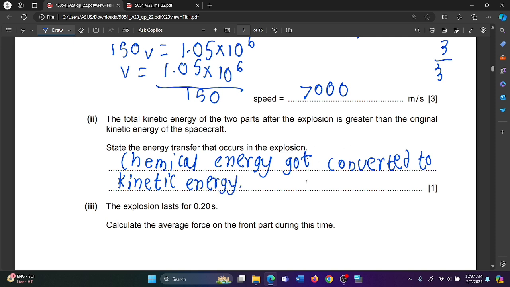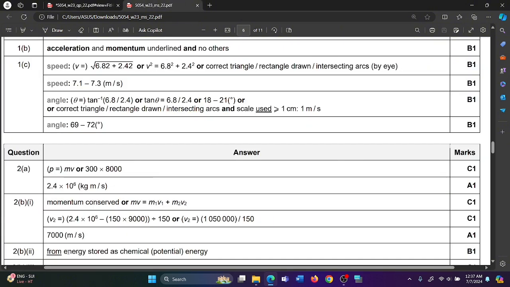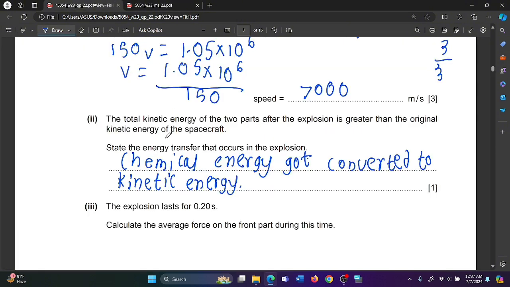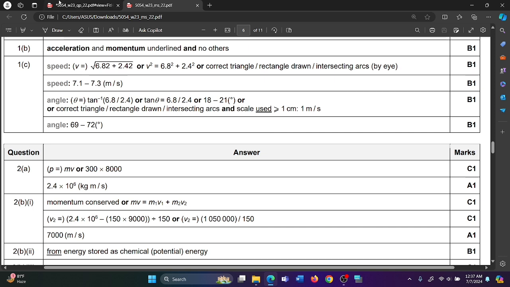This is the only answer to this question. Let's look at the mark scheme. Yes, in the mark scheme, from energy stored as chemical potential energy. Okay, so the mark scheme states that chemical energy was converted from. By saying from, they mean that chemical energy was converted to kinetic energy. So our answer technically means the same thing.